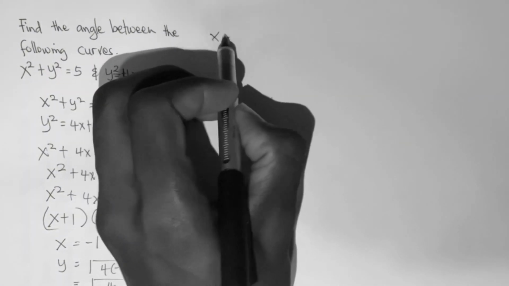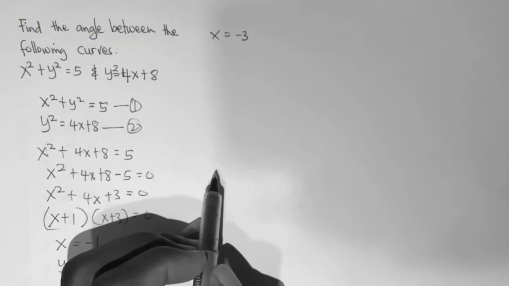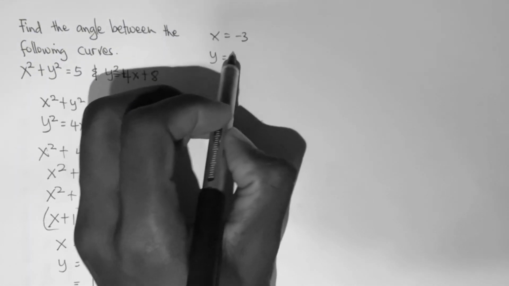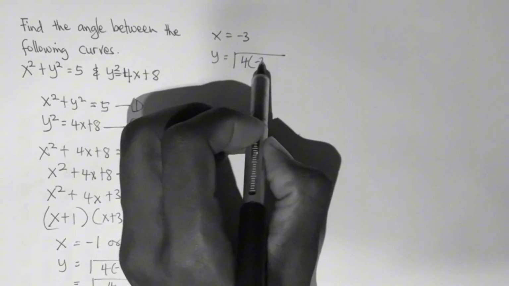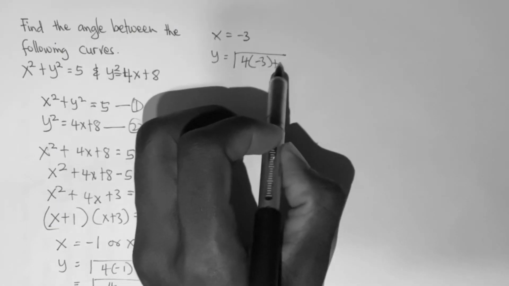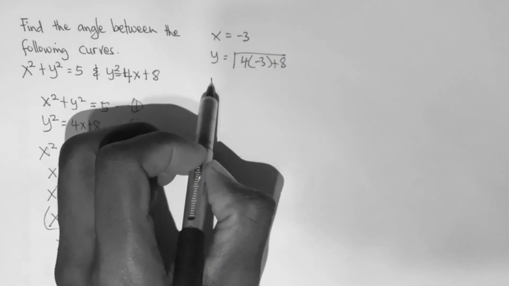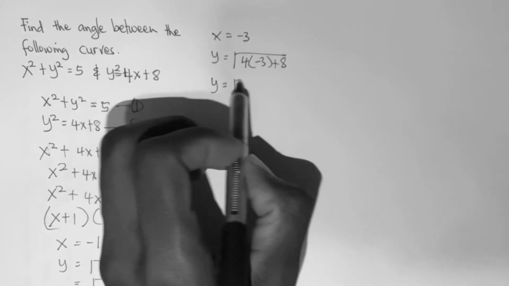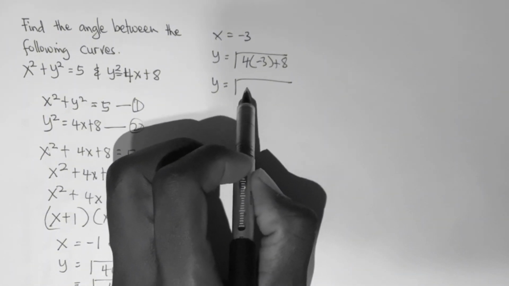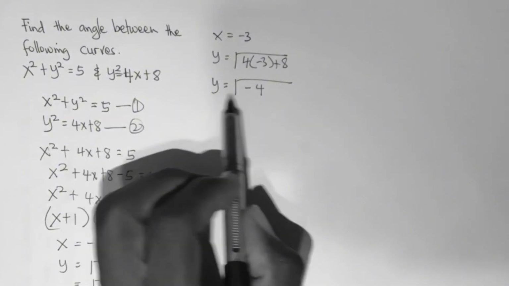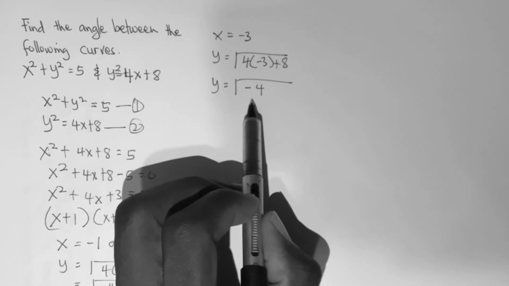Now, let's find, as x is equal to minus 3, what is the value of y? Y is equal to the square root of 4 times minus 3 plus 8. So y is equal to the square root of minus 12 plus 8, which gives minus 4. And then the square root of minus 4 will give us an imaginary number.